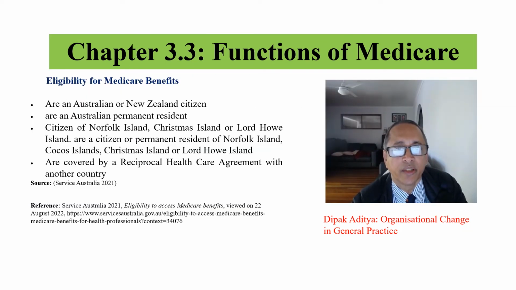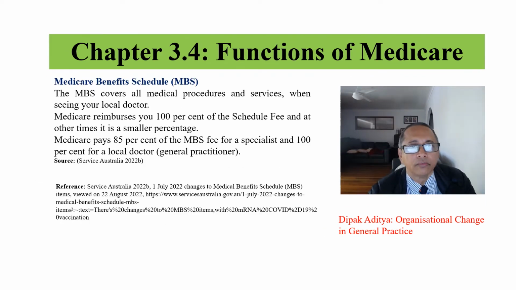Eligibility of Medicare benefits. It is an Australian or New Zealand citizen. Citizens of Norfolk Island, Christmas Island, or Lord Howe Island, and anyone from a country with reciprocal agreement. Medicare Benefits Schedule, MBS. It covers 100% of the schedule fees and 85% of the specialist.